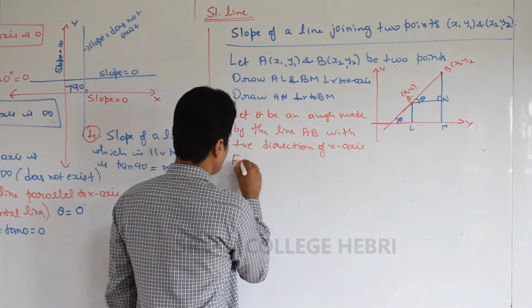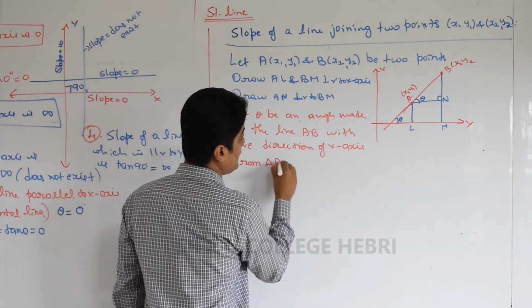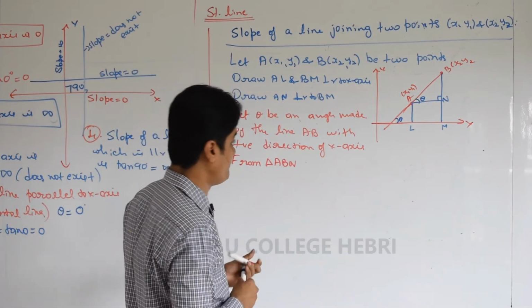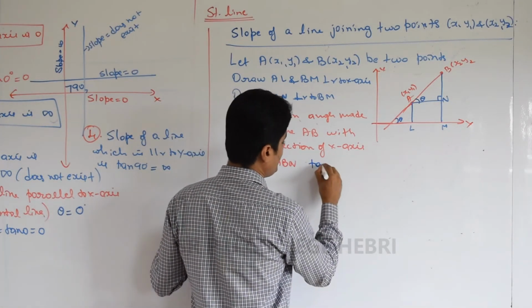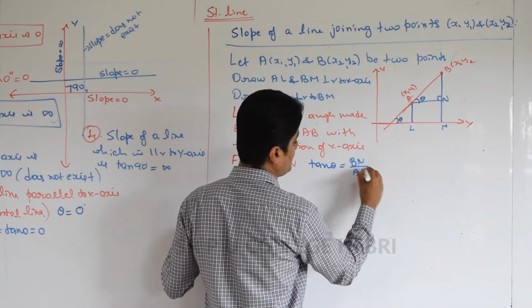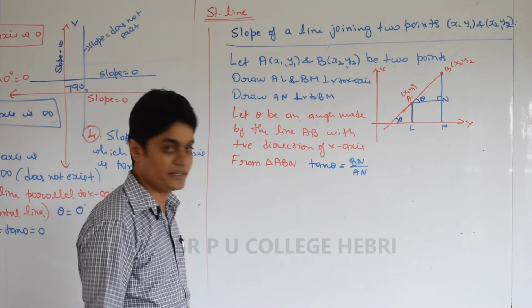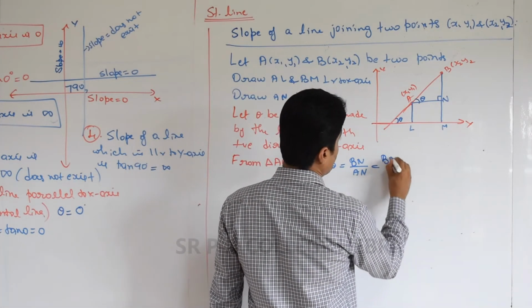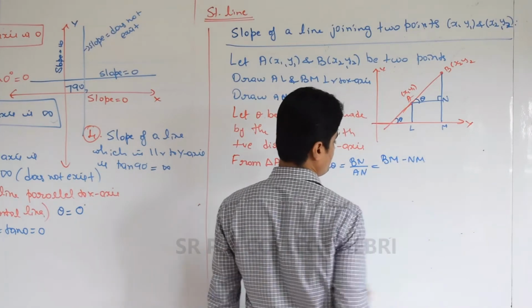From triangle ABN, I'll define tan theta. Can you tell me the definition of tan theta? Opposite divided by adjacent. Now what is BN in this triangle? BM minus NM.